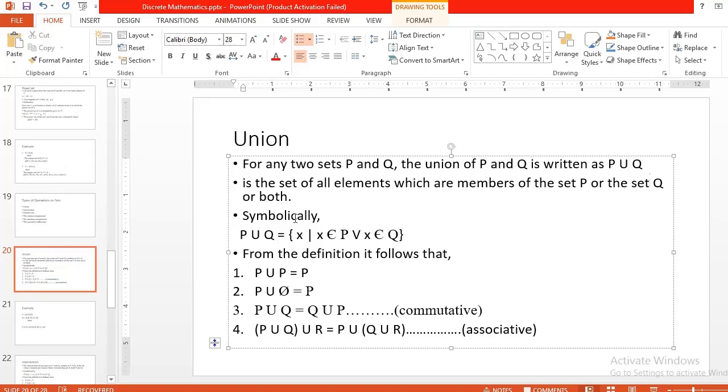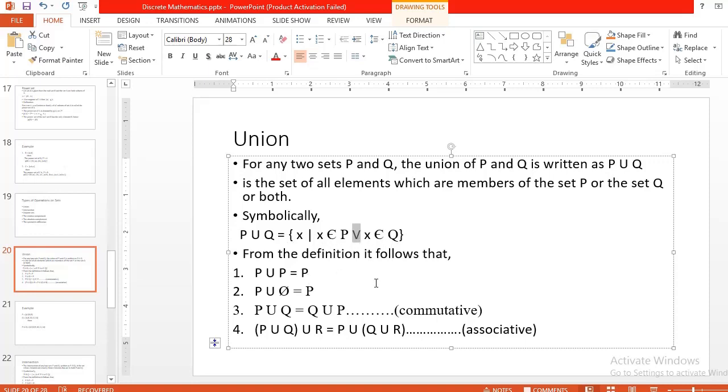Symbolically you can write P union Q is equal to, in curly braces, x such that x belongs to P, or, this is the symbol here, this is the symbol for or, x belongs to Q. So P union Q stands for the members of the set P or the set Q, or both.